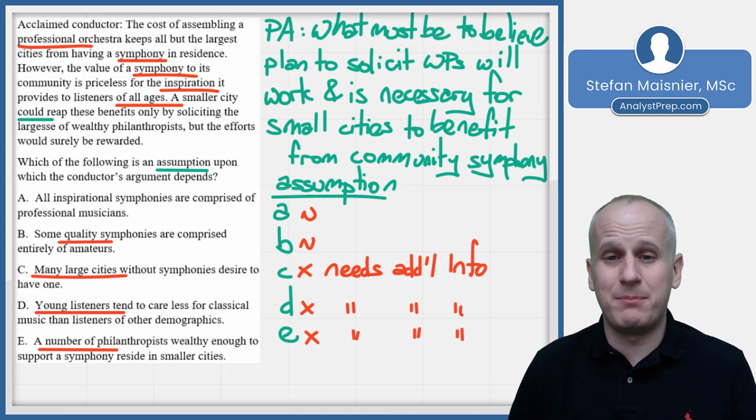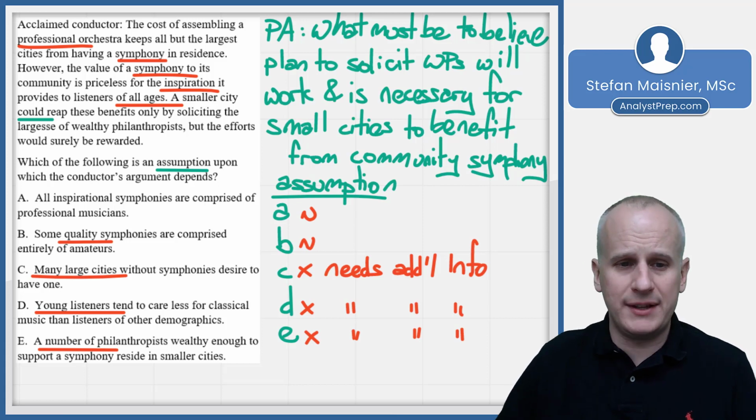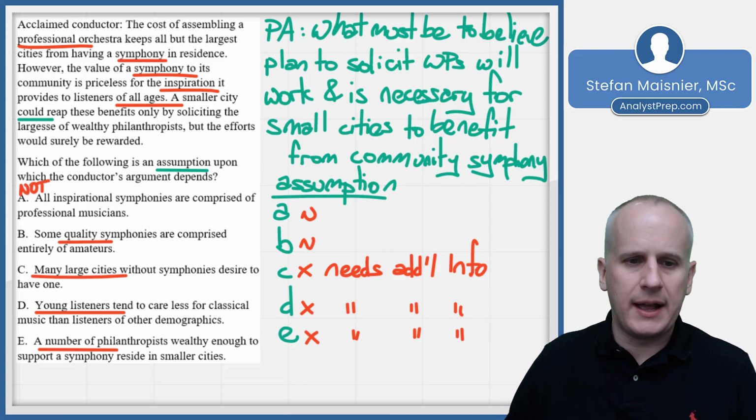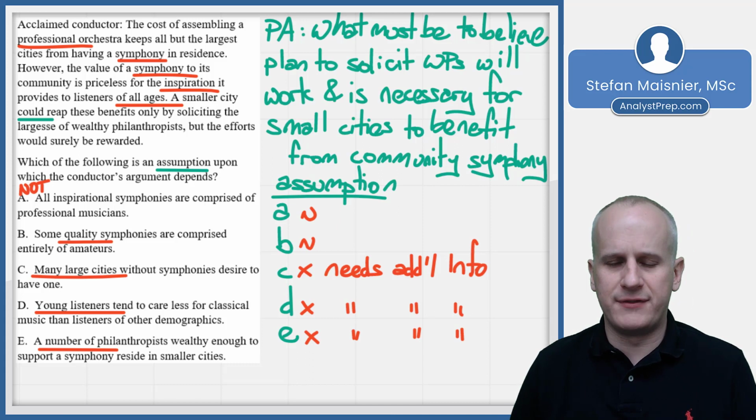So then we can apply our negation test and we can think about our technical quantities, that is. So if we're looking at choices A and B, let's start with choice A. We know that the opposite of all is not none, it's not all. So let's just put a little not over here. And we say not all inspirational symphonies are comprised of professional musicians.